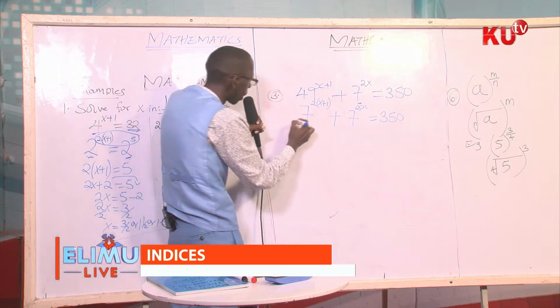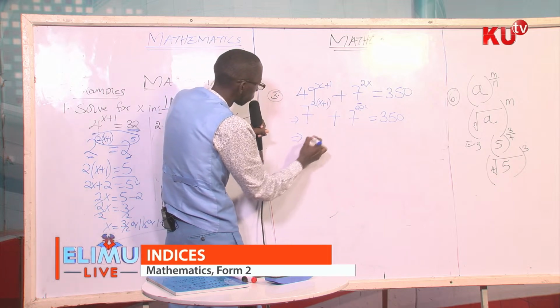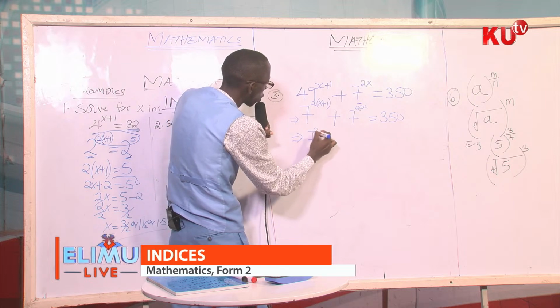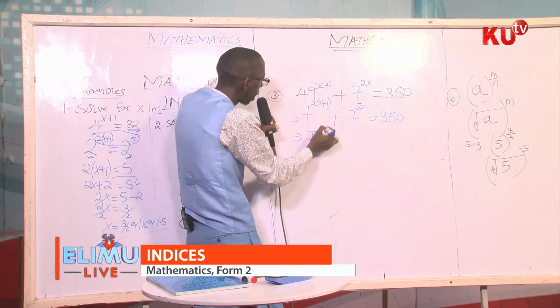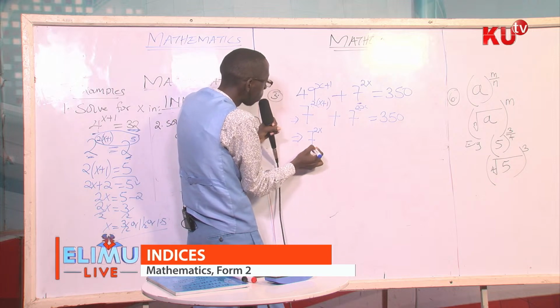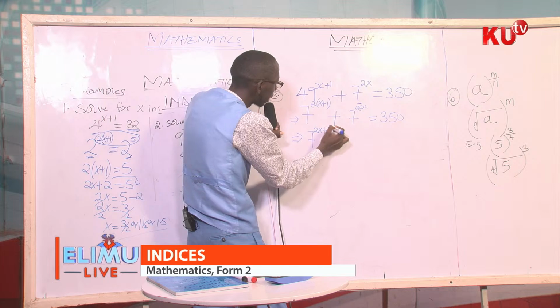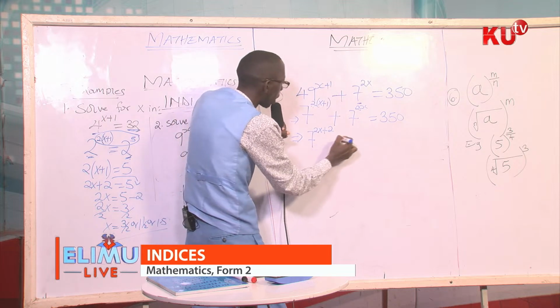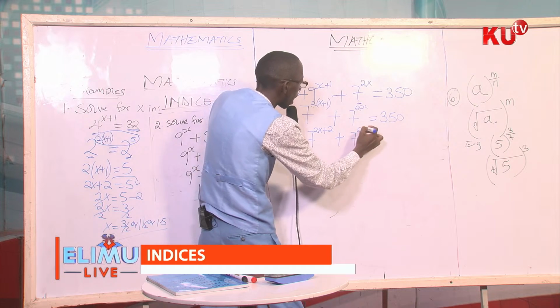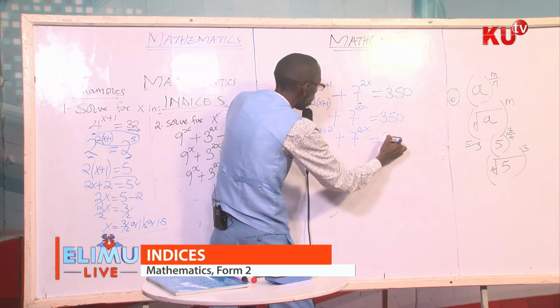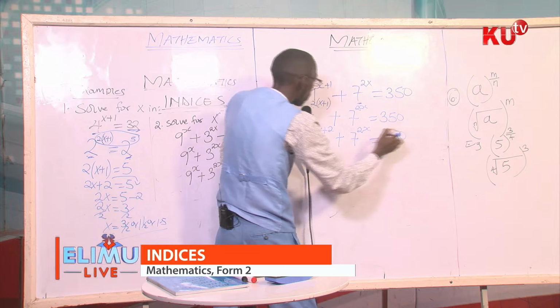Open the bracket. 7 to power 2x, 2 times x, 2x. 2 times 1, 2. So 7 to power 2x plus 2 plus 7 to power 2x is equal to 350.